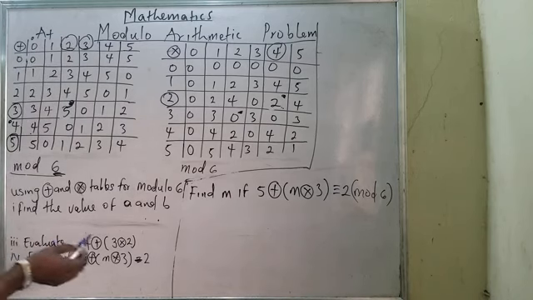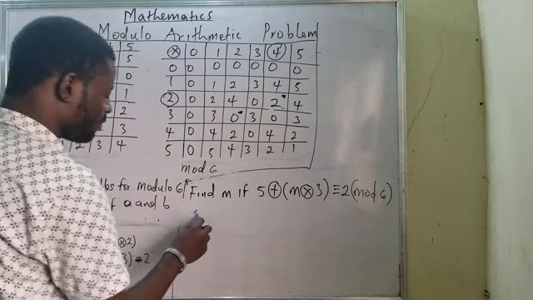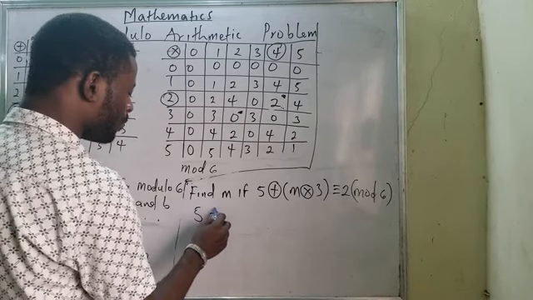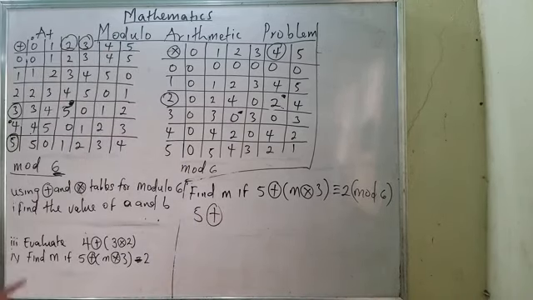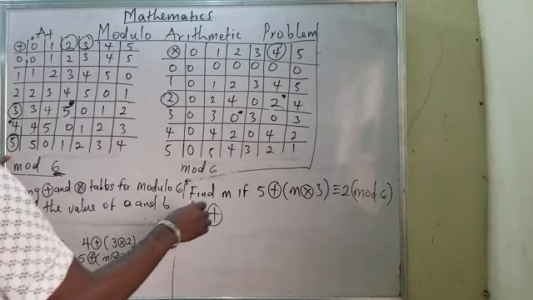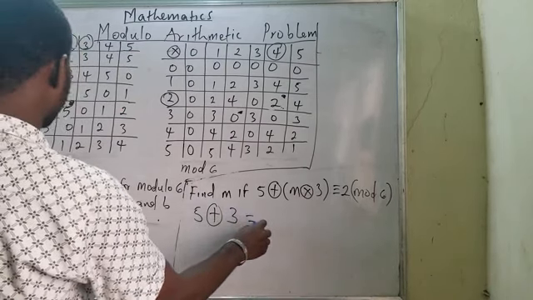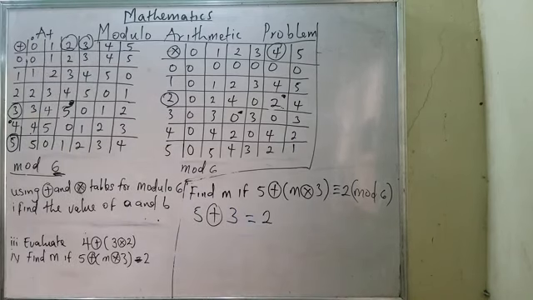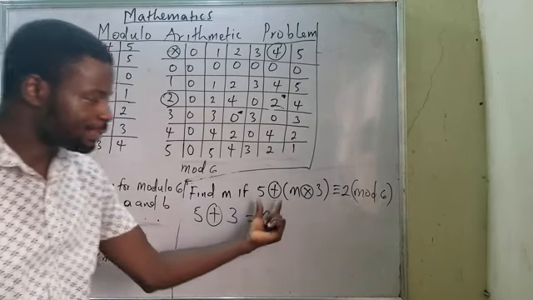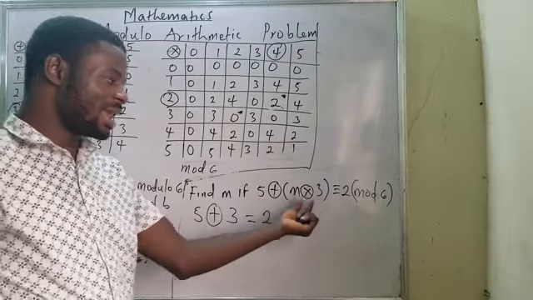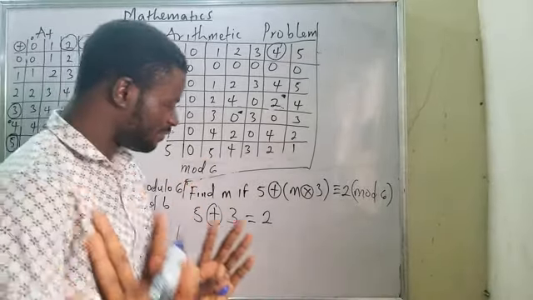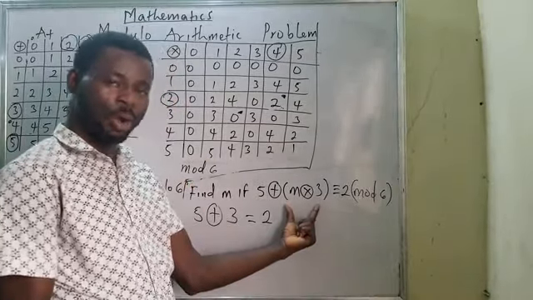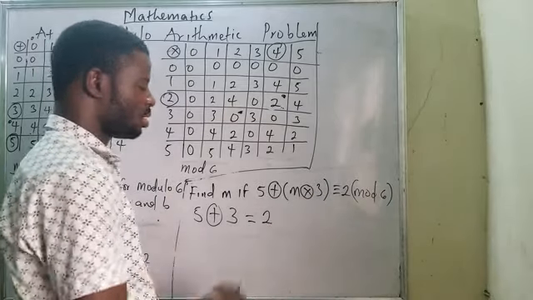Now, it means if I have it in the form of 5, addition operation, take note of that, addition operation of 3 will be equal to 2. I think I'm doing it well. I'm just picking the outside operation and I leave the inner operation, which is the bracket operation.